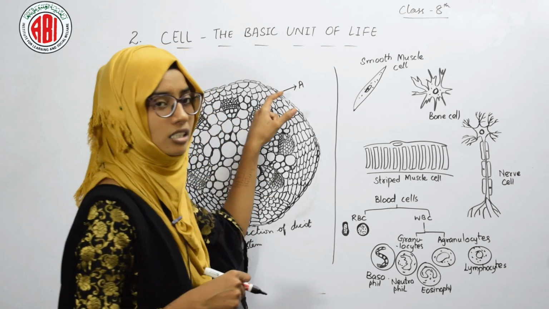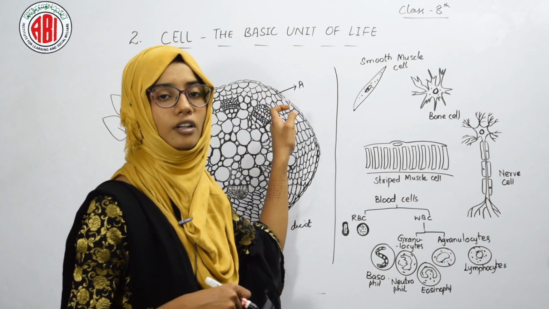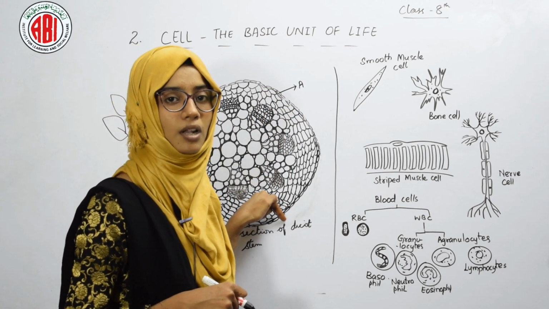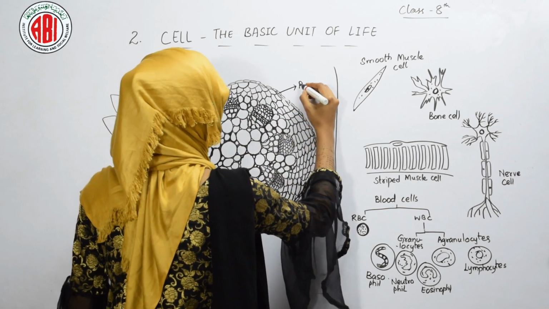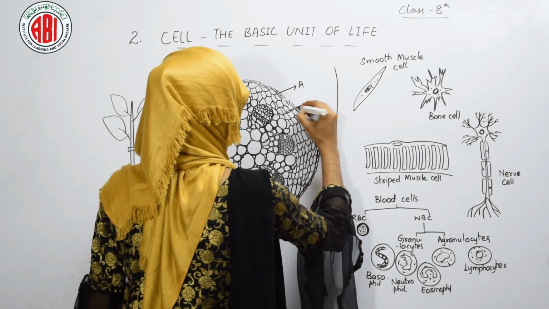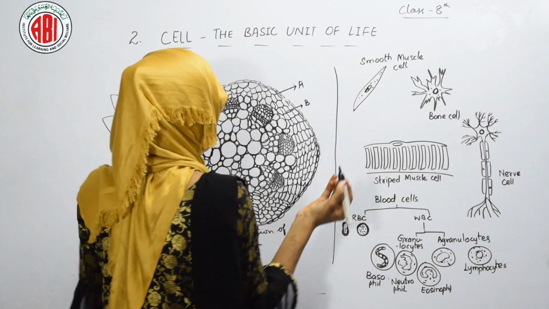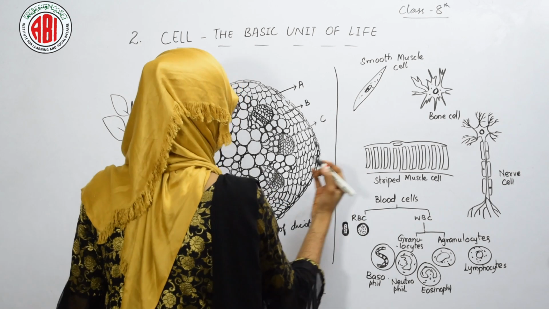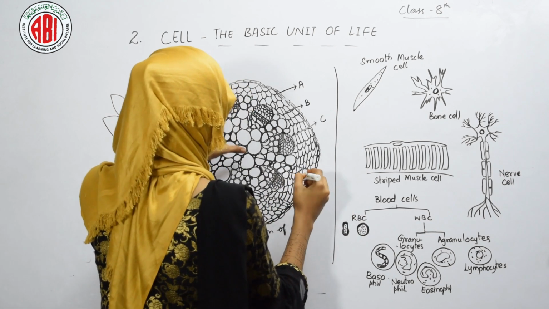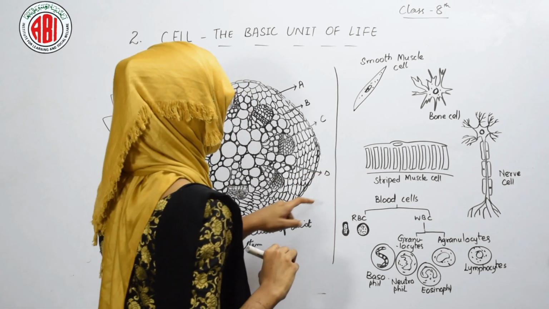So in this class we are representing the different kinds of cells present in the plant by alphabets. The first, outermost layer, let it be represented as A. Then next to A, the B layer is present, and these bundles, let's take it as C, and the middle portion is represented by D.